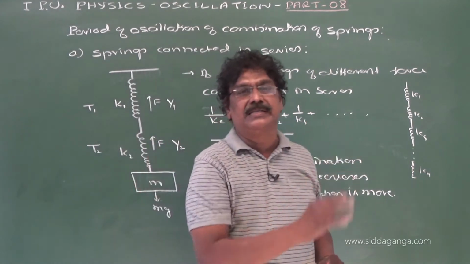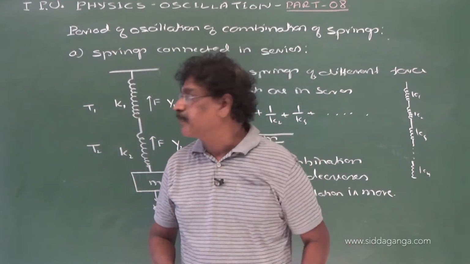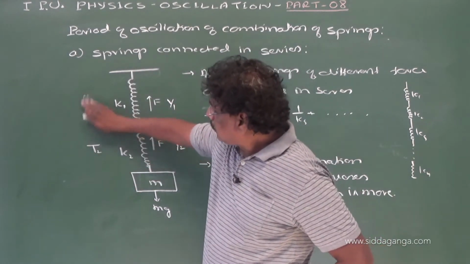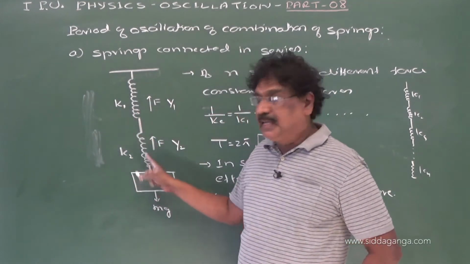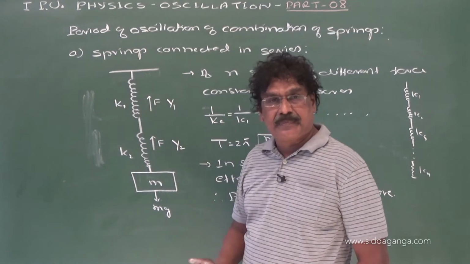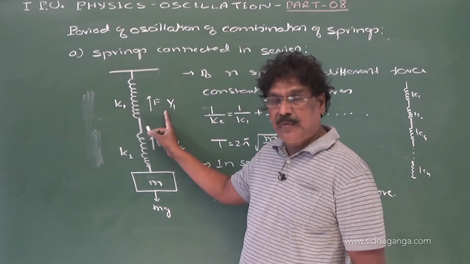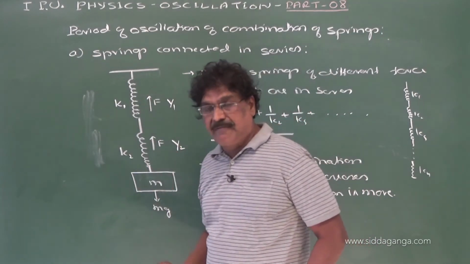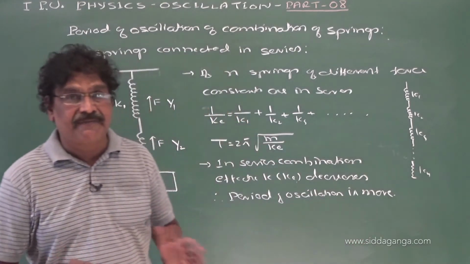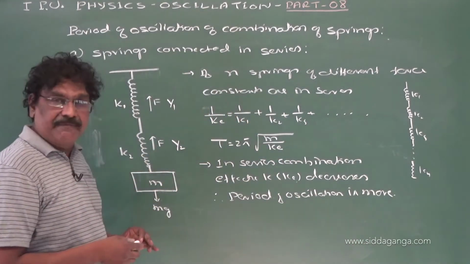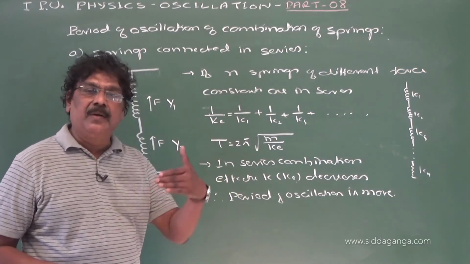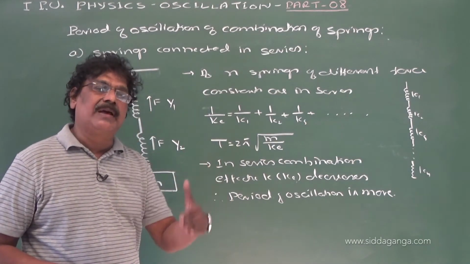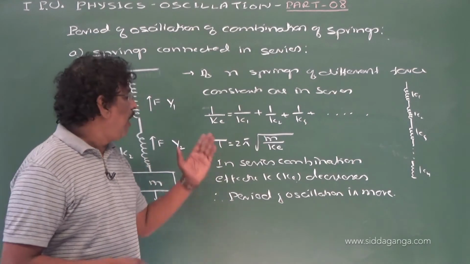So, in series combination of springs, the force on each spring is the same. The displacement, I mean the extension, of each is different. For two springs, 1 by K is equal to 1 by K1 plus 1 by K2.